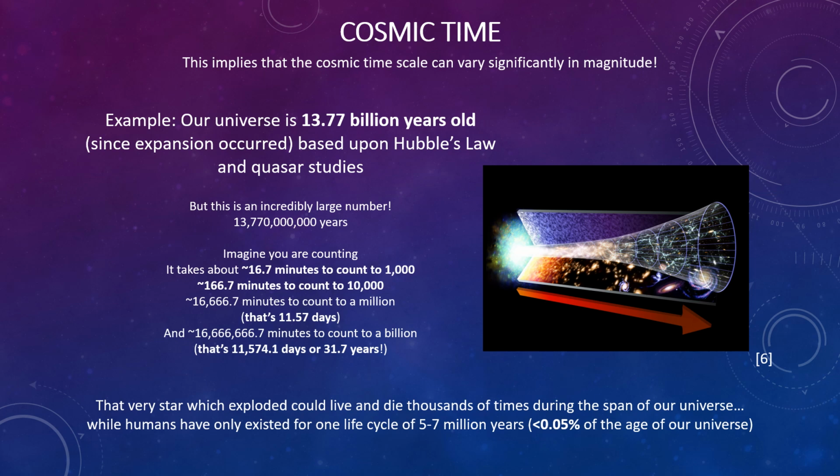And so that's bringing on this new scale, the cosmic time scale, when we're thinking about things on the largest time scales possible. So our universe, based on calculations from Hubble's law and studying quasars, which are galaxies that are very bright but very far away, astronomers have concluded that our universe is 13.77 billion years old.